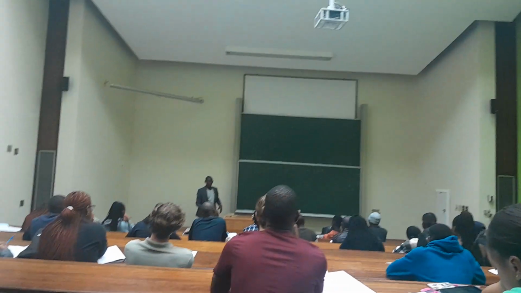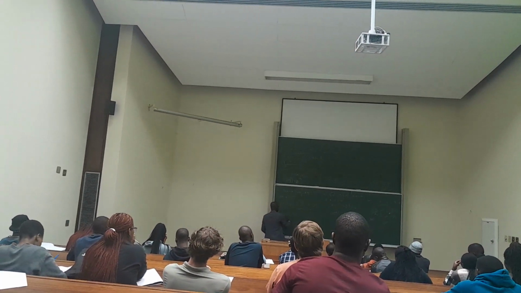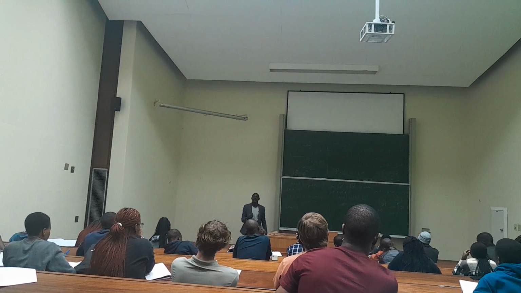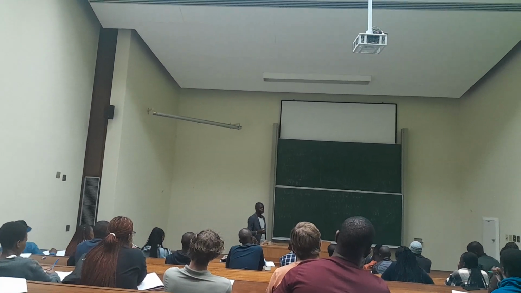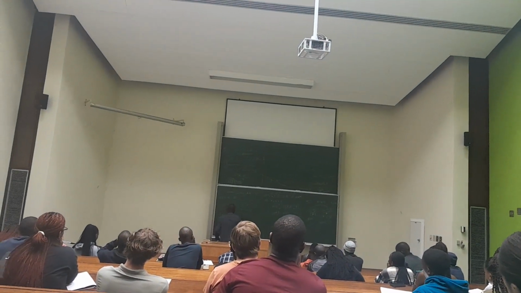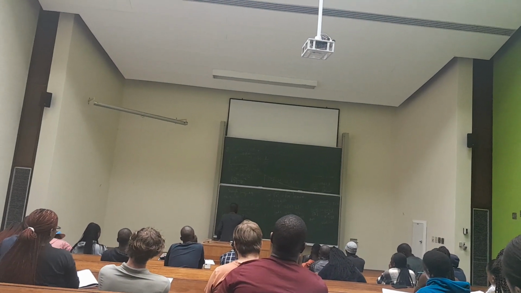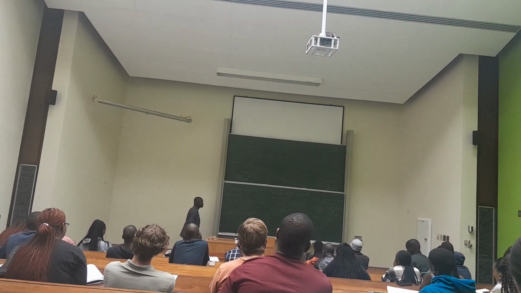Okay? So the absolute value of x plus y by definition is what? It is equal to the square root of (a plus b) squared, right? You can write it like this.